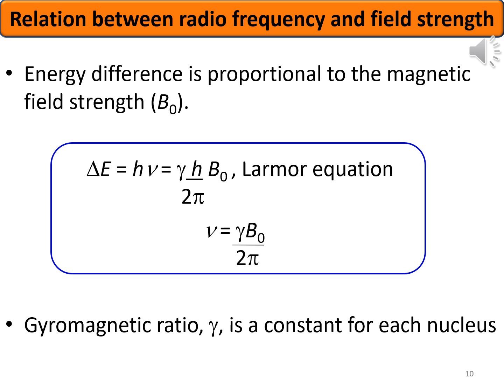When an electromagnetic radiation of frequency nu comes in resonance, delta E is equal to h nu, which is equal to gamma h B0 by 2 pi, and this is known as the Larmor equation. So nu can be written as gamma B0 by 2 pi, where gamma is called the gyromagnetic ratio and is a constant for each nucleus.